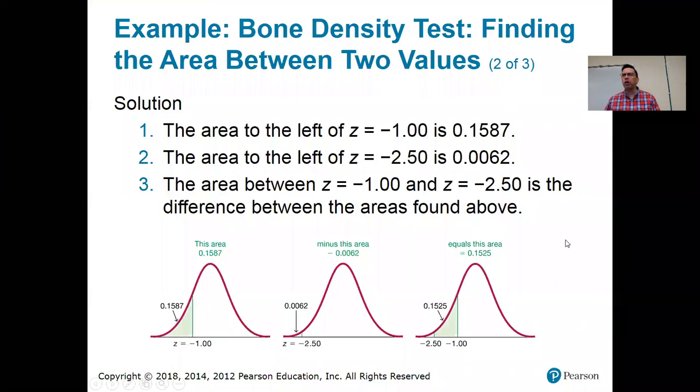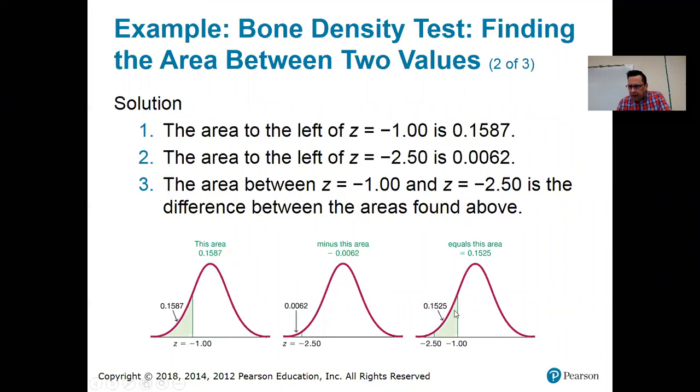Okay, since we're looking for an area between two z-scores, and my table only gives me areas to the left, here's how I have to do it. First, I'm going to look up z equals -1.00. We had to do that in the last example. Remember, it was 0.1587. And then we have to look up the area to the left of -2.5, which is only 0.0062. Okay?